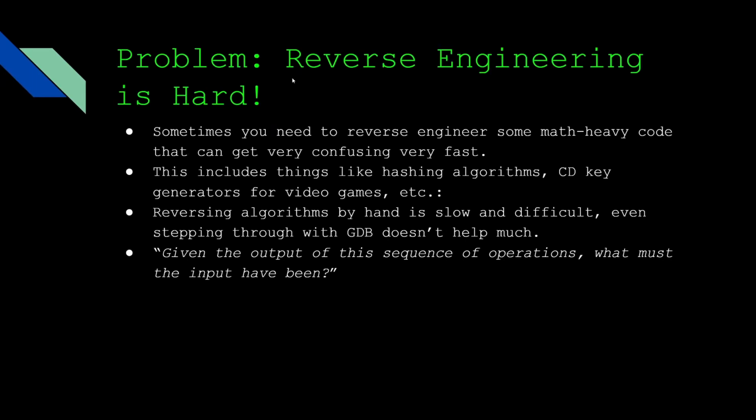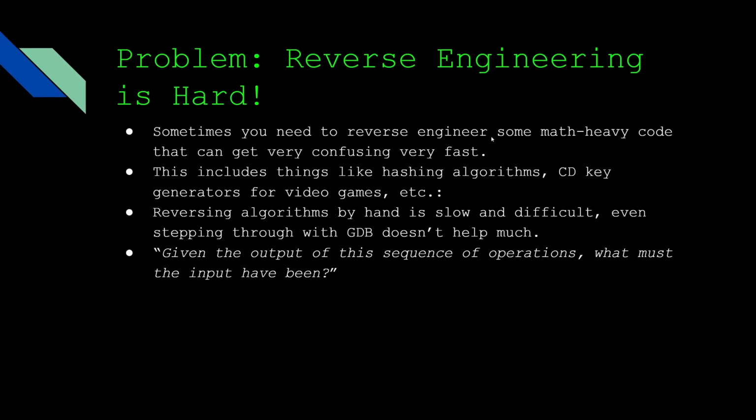So we have a problem, and that problem is that reverse engineering is hard on our tiny human brains. Sometimes you need to reverse engineer some very math-heavy code, and that can be very confusing. You could try doing it on pen and paper, but no one really wants to do that, and that could take forever. And sometimes it's just not possible.